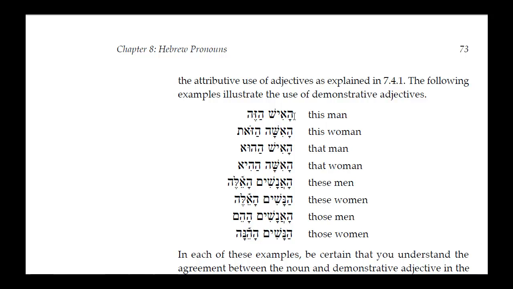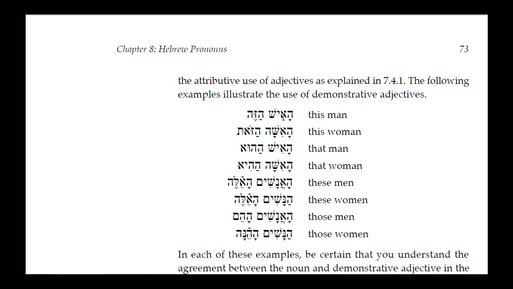We have ha'ish hazeh. You got ha'ish, the man, and then hazeh, this. You see that zeh is the demonstrative adjective and it agrees in gender and number with ish, and it has a definite article just like ha'ish, hazeh. So it agrees in gender, number, and definiteness with the noun that it's modifying.